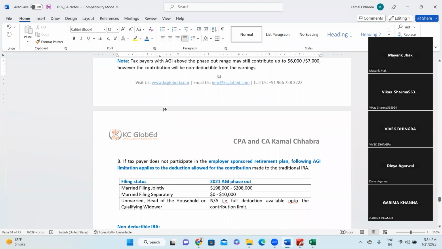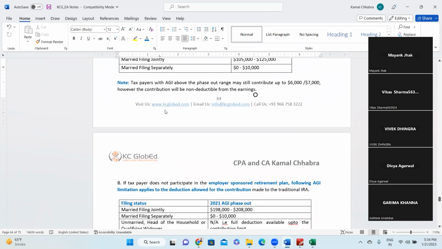So if the AGI is more than the limit, they can still make the contribution. No one is stopping them from contributing to the IRA, but they will not get the benefit of deduction if it is more than the phase out limit.